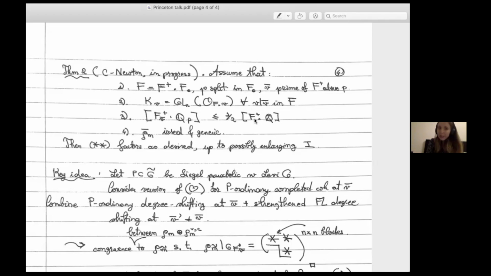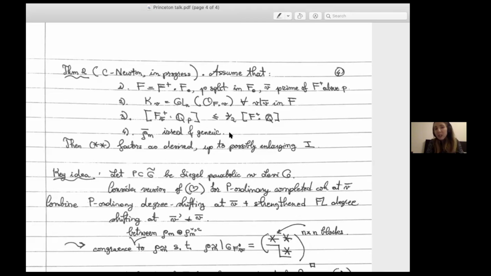There's an inequality that needs to be satisfied, and that's because essentially I want to keep my v fixed, and I want to use the other primes above p as auxiliary primes. And there's some inequality that we're forced to have to say that you have enough auxiliary primes to allow yourself to go to all degrees. And then there's the condition that this representation is absolutely irreducible and is generic, this kind of local condition at some other auxiliary prime or maybe just some large image condition.